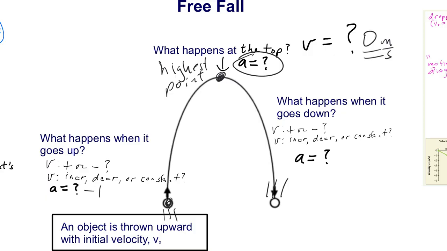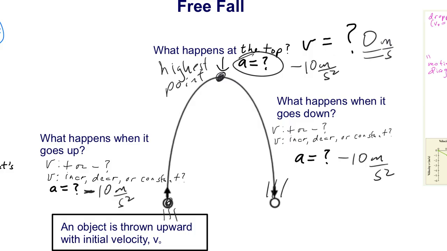It's negative 10 meters per second squared on the way up, not positive 10, it's negative 10. And on the way down, it's negative 10 meters per second squared as well. Now, that might not seem correct to you. Then at the very highest point, it's negative 10 meters per second squared.